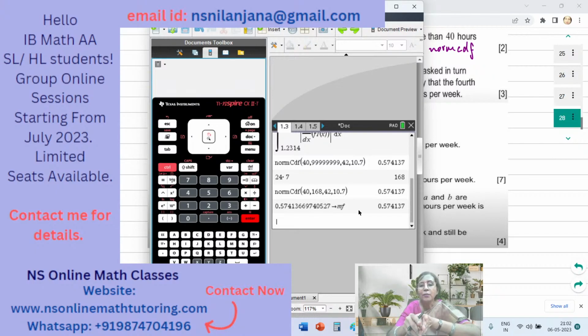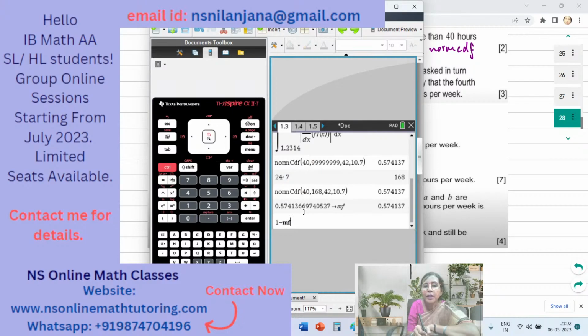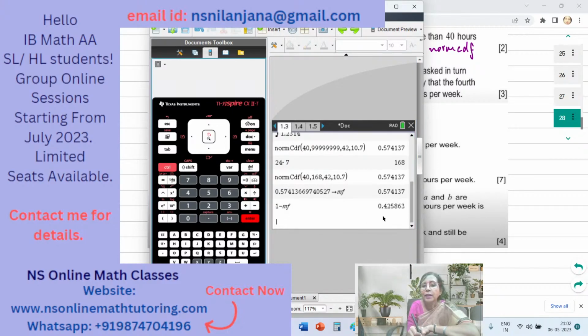So since the more than 40 probability is this, the less than 40 probability will be what? 1 minus this. So I'm just doing this to get the less than 40 probability. 1 minus, this time I will be bringing MF, you see, and I enter to get the less than 40 probability.